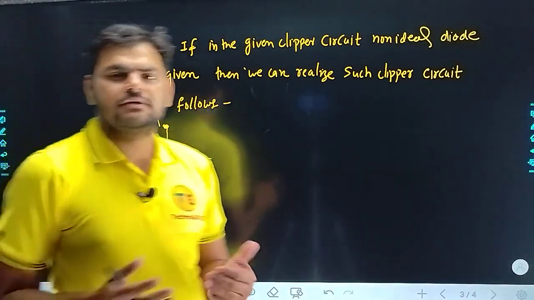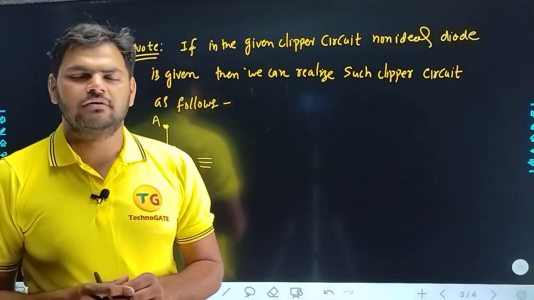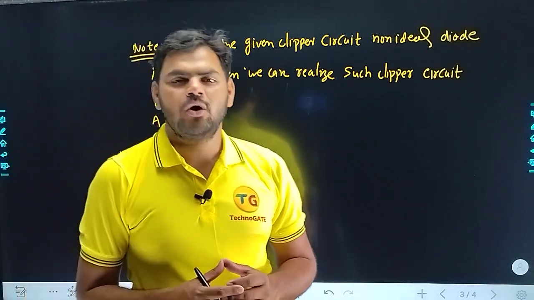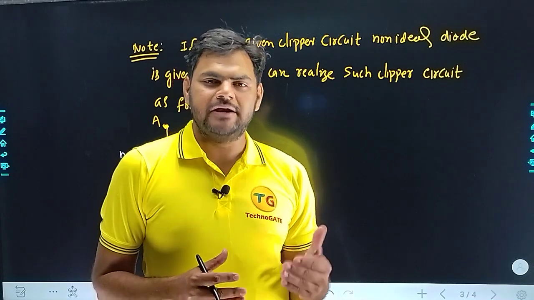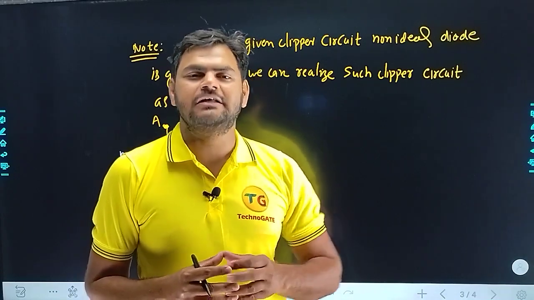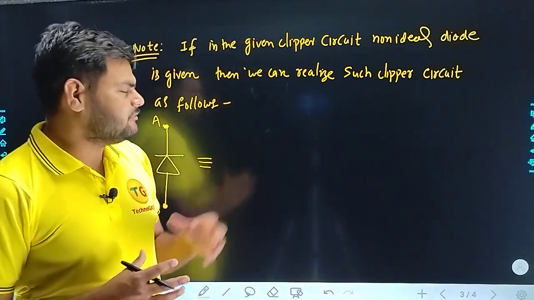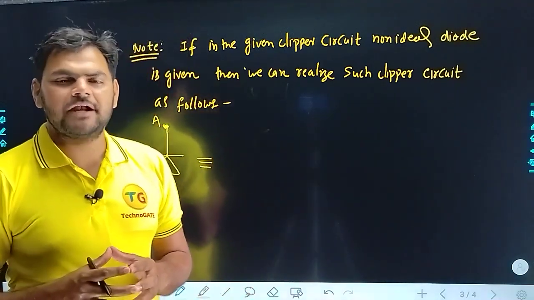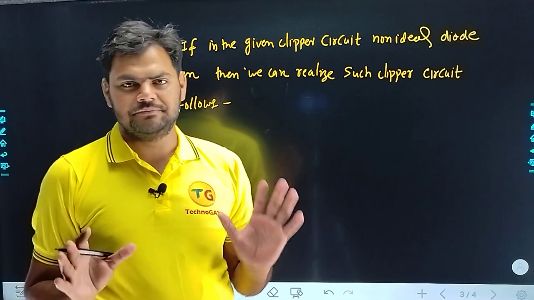So we know that the practical diode will come into conduction, even if forward bias is applied, only if the applied input crosses the cut-in voltage, which means it will not conduct unless the applied voltage crosses the cut-in voltage level. We know that.